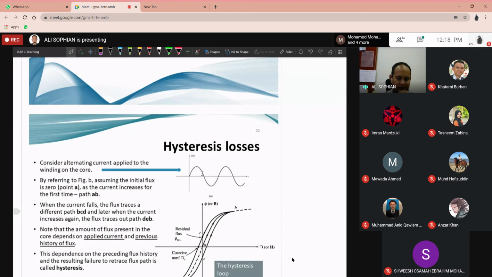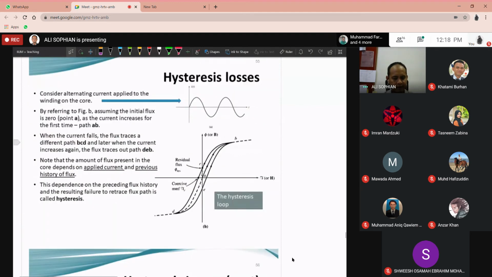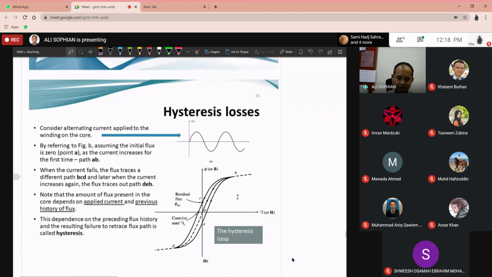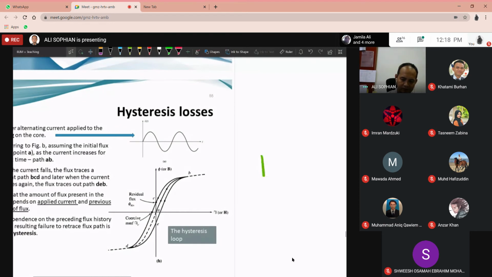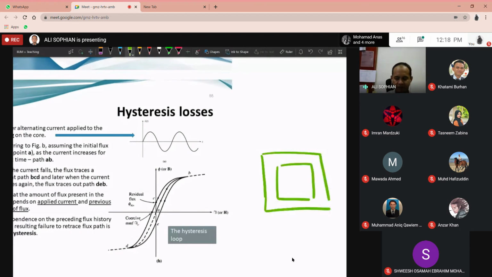Right, so the first one, hysteresis losses. So what is hysteresis losses? Right, if you have again a ferromagnetic core, then you wind a coil, just like what we had before. Then you start to apply current to the coil. It's an AC current.